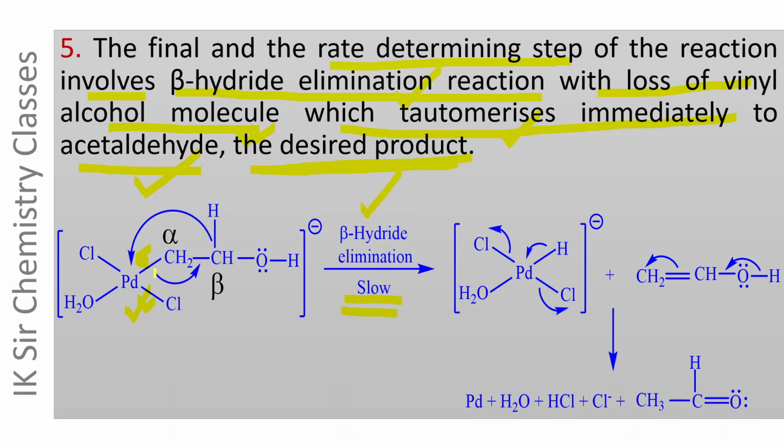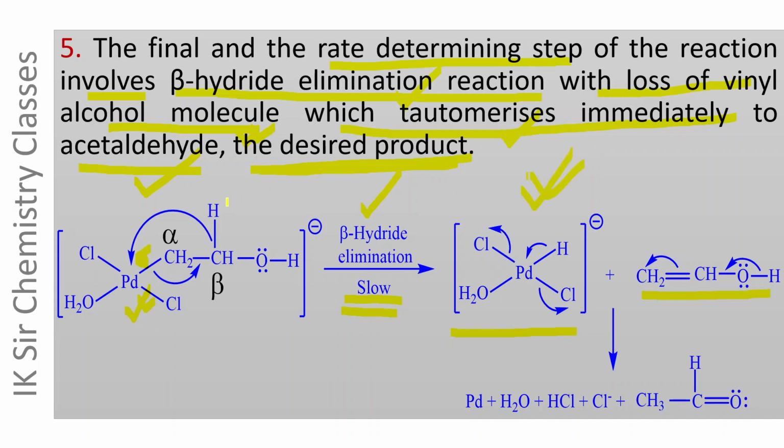This sigma electron pair is transferred here. As a result, a double bond will be created here. We get vinyl alcohol molecule which comes out from the coordination sphere, and this hydrogen atom becomes sigma bonded with palladium atom. Thus we get metal hydrido complex.